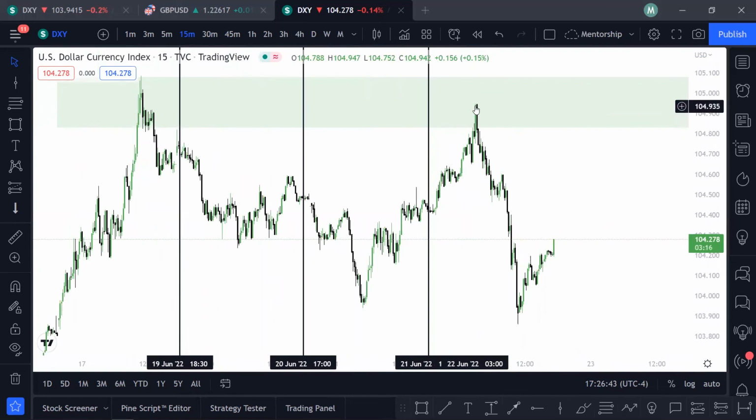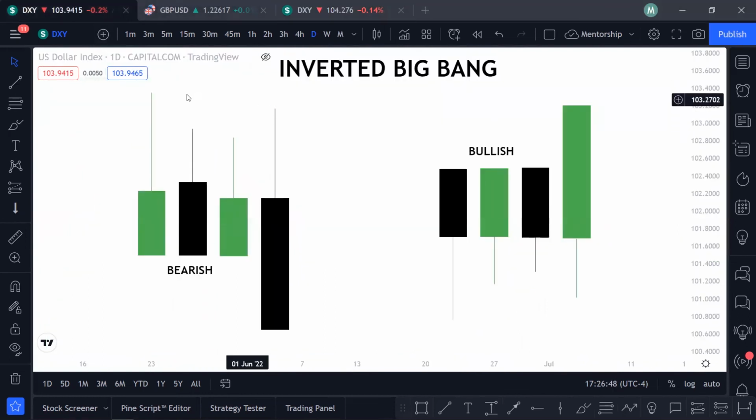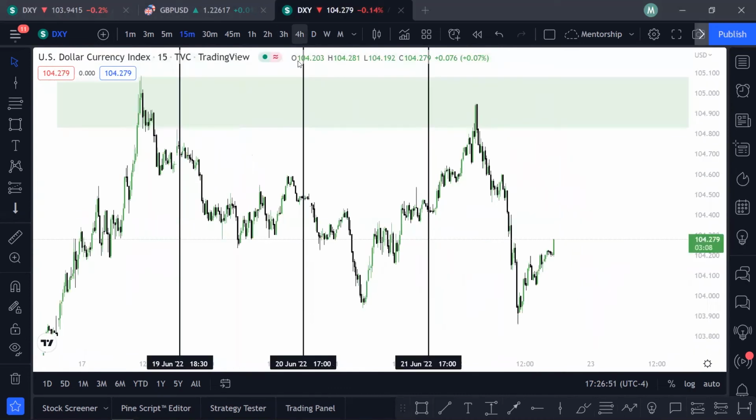Why? It's because of what happened between this high and this one, which is this high right here and this high, or maybe this high.